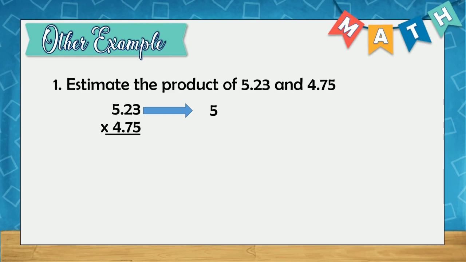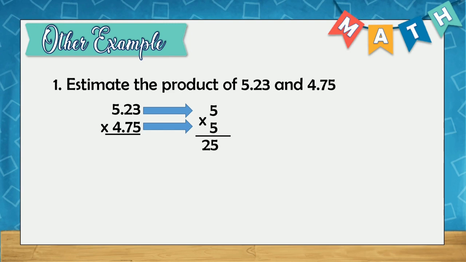How about 4 and 75 hundredths? Is this number closer to 4 or closer to 5? Very good. 4 and 75 hundredths is closer to 5. And then we are going to find the product of the rounded factors. 5 times 5 is equal to 25.